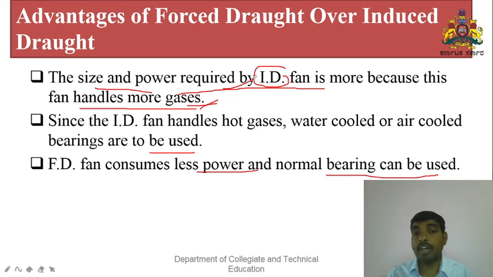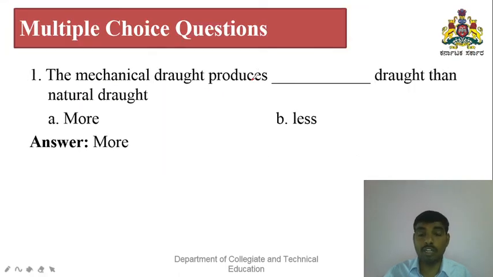Since the ID fan handles hot gases, water cooled or air cooled bearings are used in ID fans, while the FD fan consumes less power and normal bearings can be used. These are the main advantages of FD fans over ID fans.